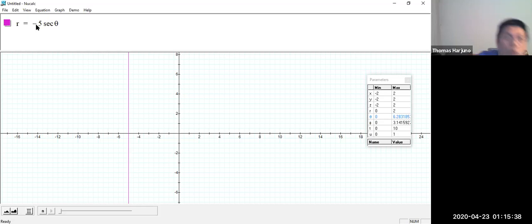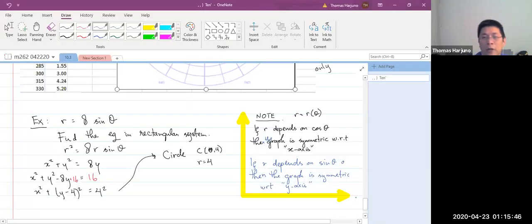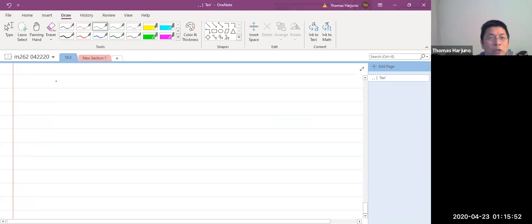Okay. So what I need you to memorize, before I go hard, is this. R equals A cosine theta is a circle with radius A over 2 and center at A over 2, comma 0. I think I should say the radius is the absolute value of A over 2.